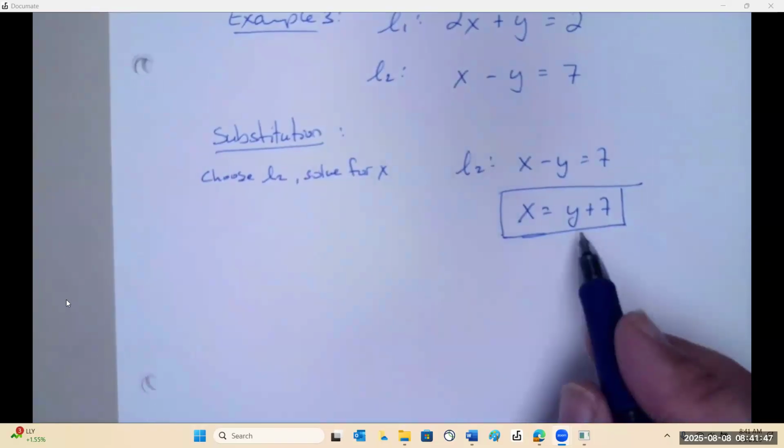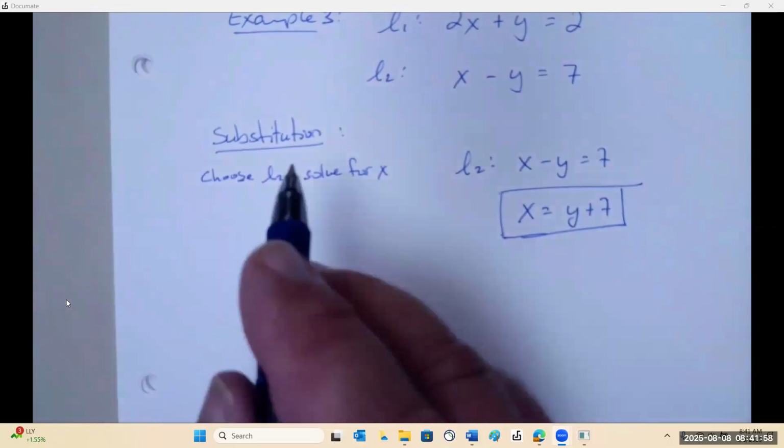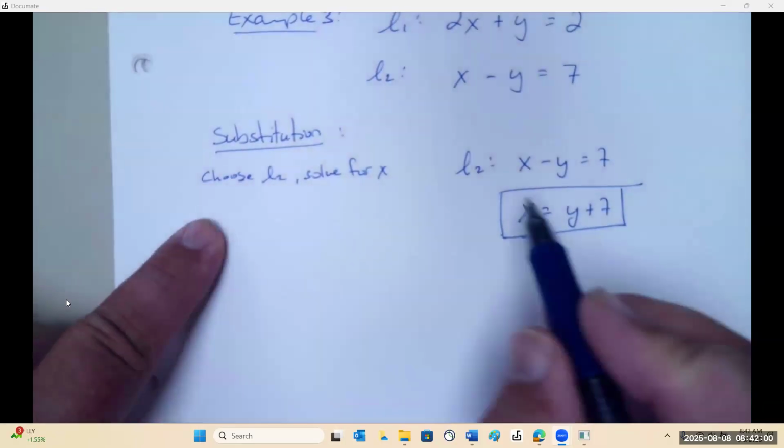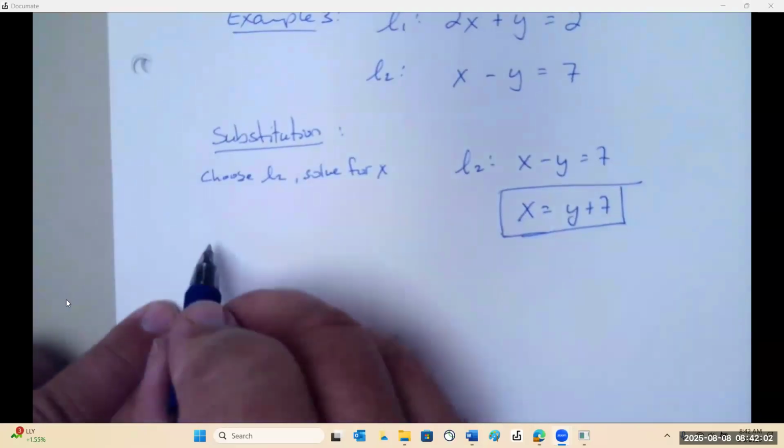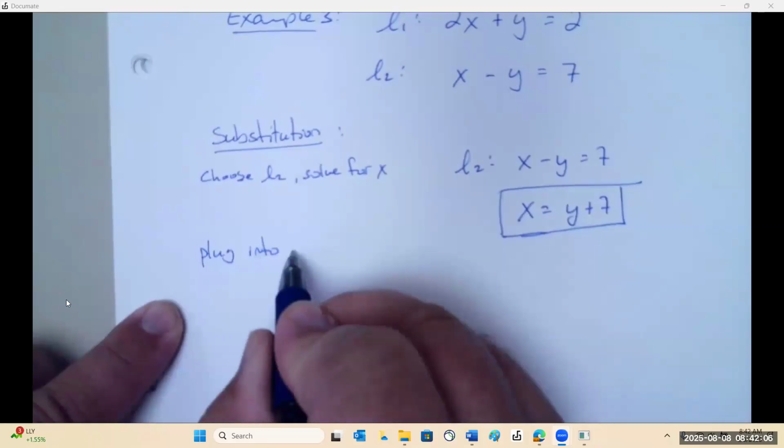Then what do you do with this? Substitute the x value in the equation. Into which equation? L2. Right. Since we used L2 to find this, we have to plug into L1.